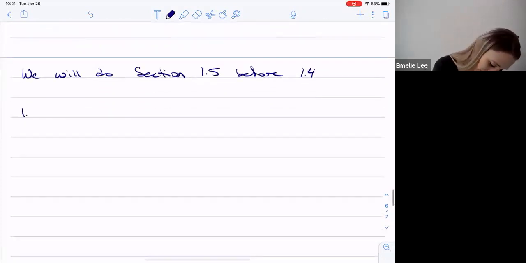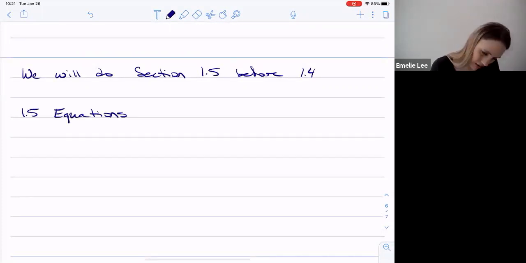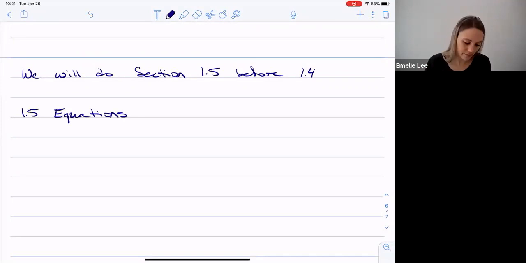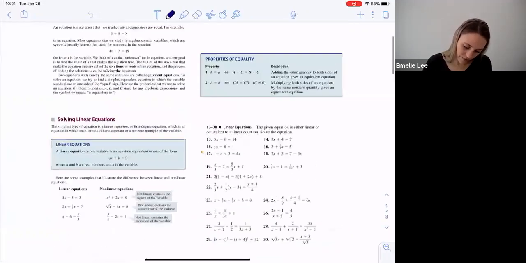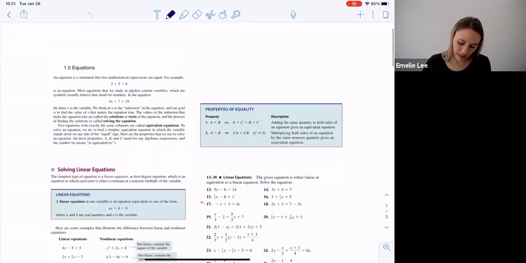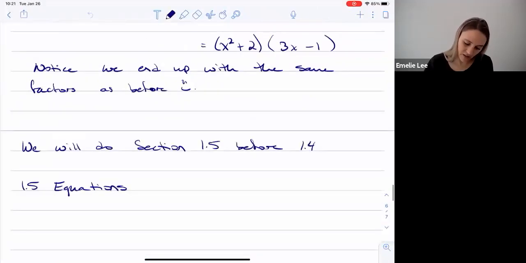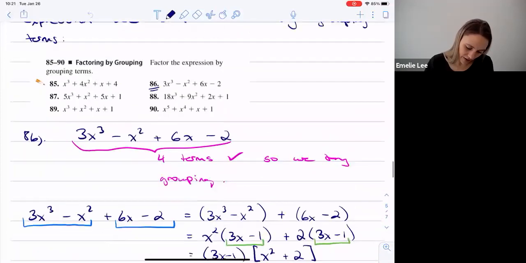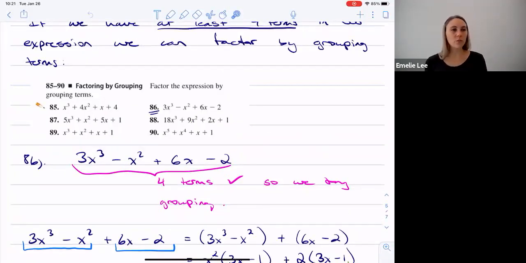So 1.5 is kind of mysteriously called equations. Let's talk about the difference between an equation and an expression, because that's not always obvious. What we've been dealing with so far have been expressions, so we factor the expression, because they don't have an equal sign.